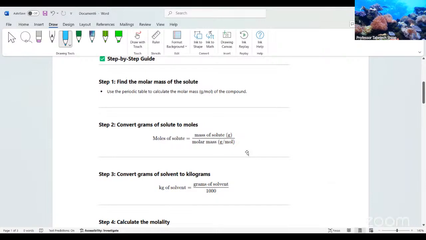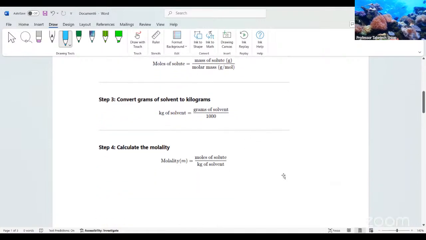Now, when we look at step three, you're going to convert the grams of your solvent to kilograms. Remember how I said that your solvent is typically water. In most of the problems that we encounter, your solvent is going to be water. In this case, they're going to give it to you in grams.